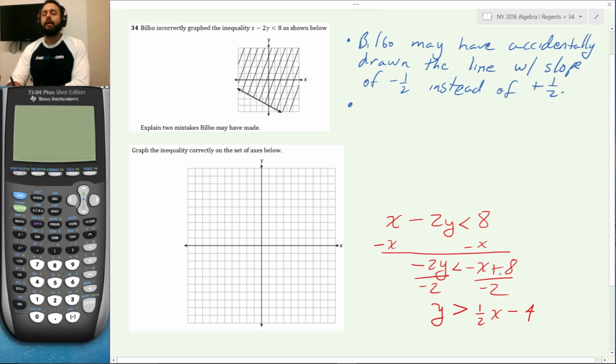Okay. Another possibility. Notice that a lot of times when we divide by a negative number, we forget that a negative divided by a negative is positive.